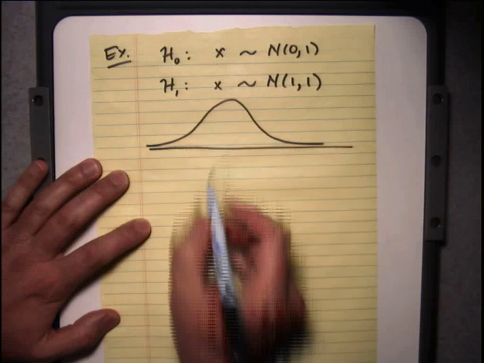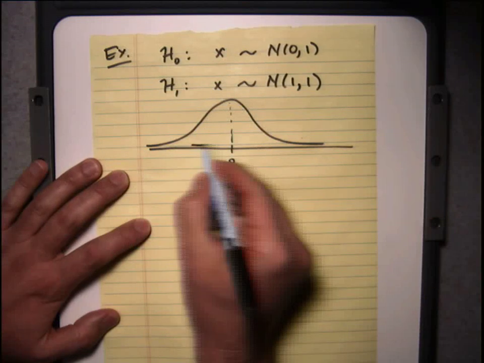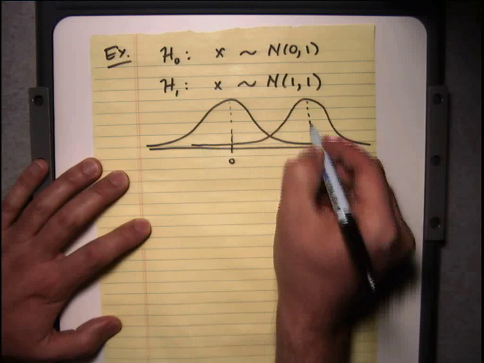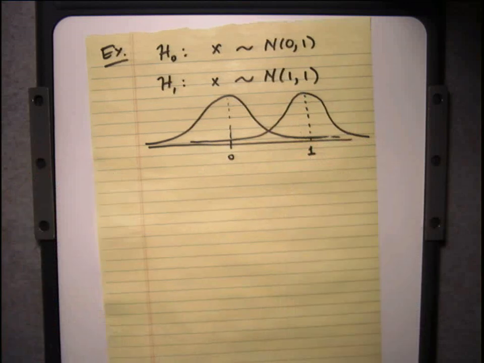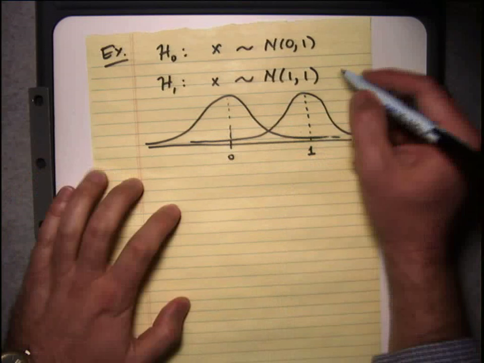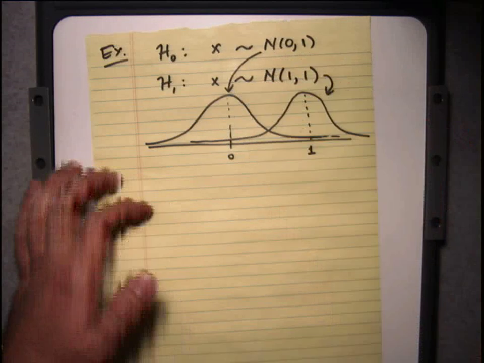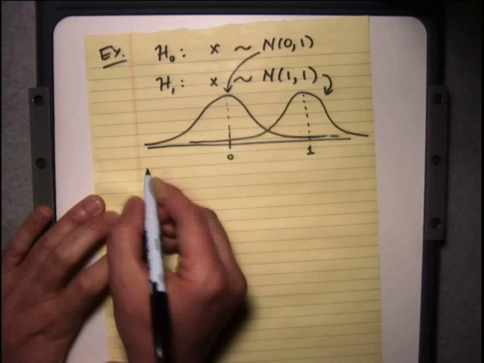Okay, so this is the first one. It's centered at 0. The second one is supposed to look exactly the same, to within my imperfect drawing, and that's centered at 1.